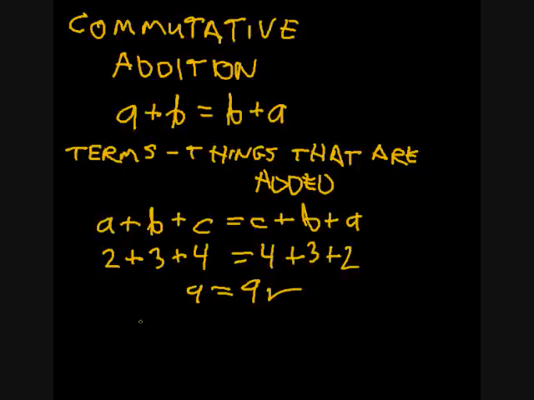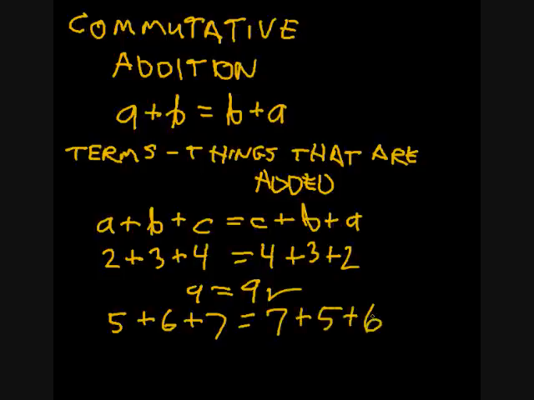Now, since it's just changing the order around, it doesn't mean that you always have to go forward to backwards. You can change the order around any way you want. So if we have 5 plus 6 plus 7, you could switch things around and make it 7 plus 5 plus 6. So all the things that you're adding are in a completely different order from how you started.